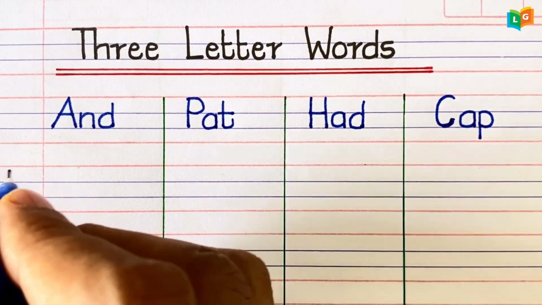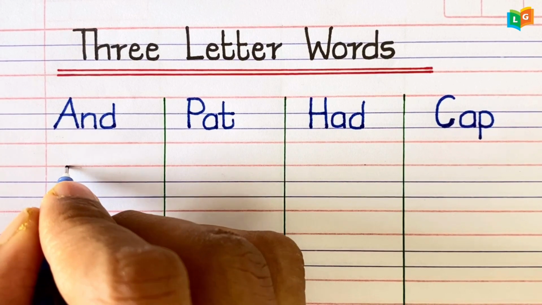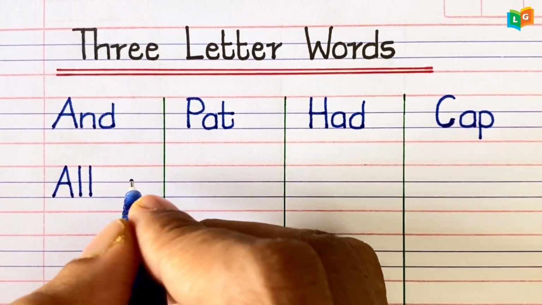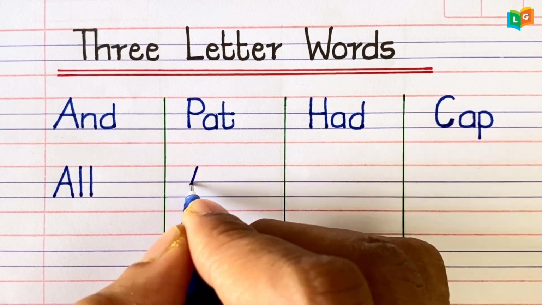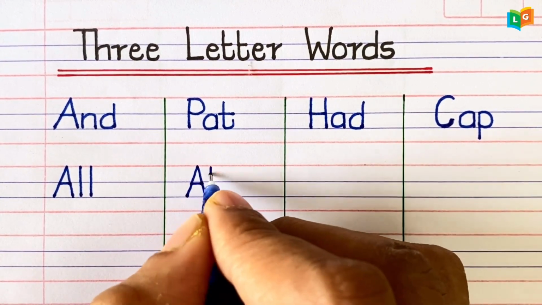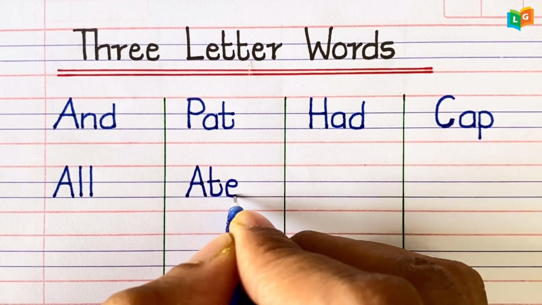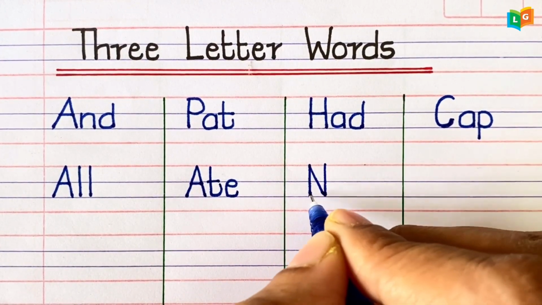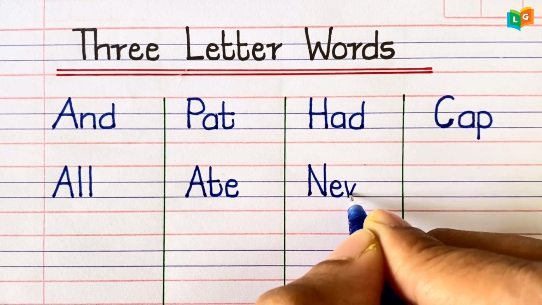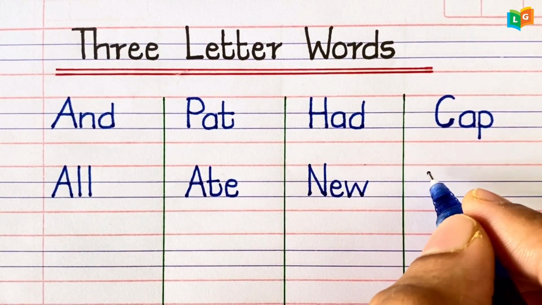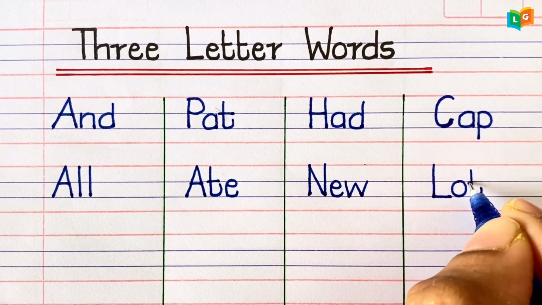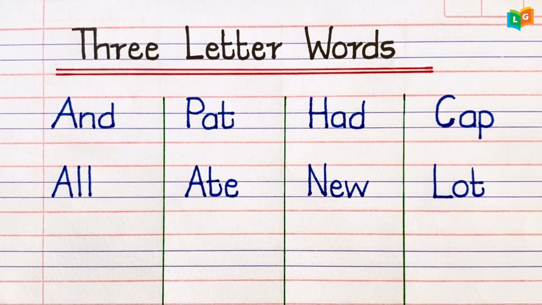C-A-P, cap. A-double-L, all. A-T-E, eight. N-E-W, new. L-O-T, lot.